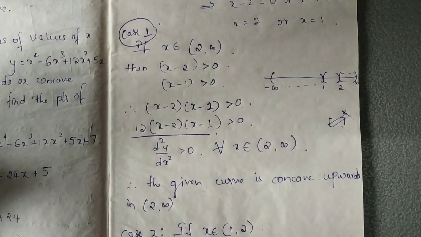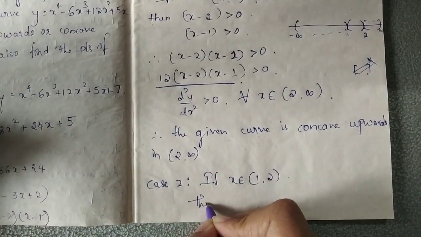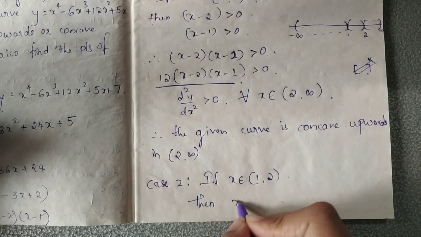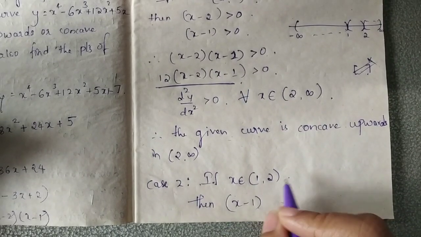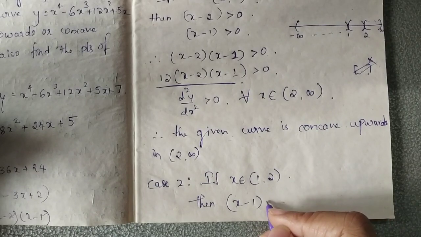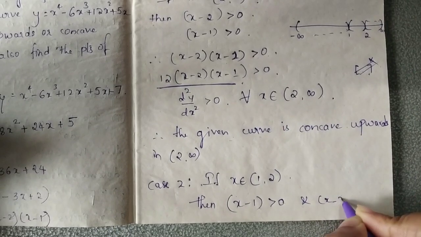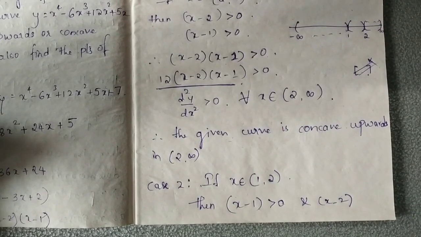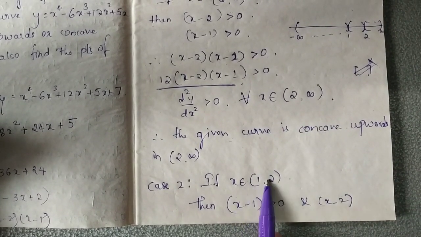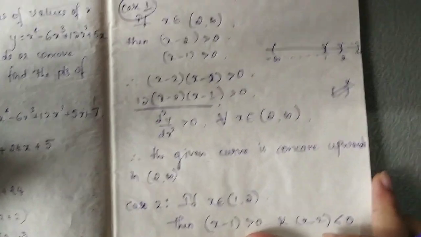Then x minus 1, with x in 1 to 2: positive or negative? Positive. And x minus 2: x should be less than 2, therefore x minus 2 will be negative.